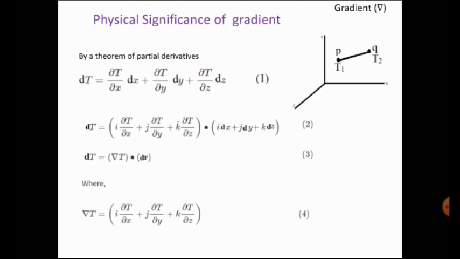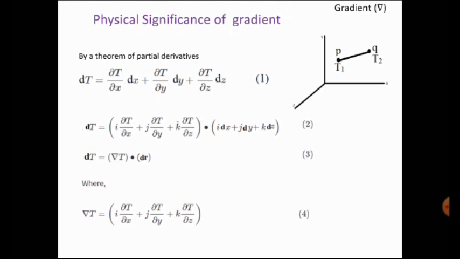And by the theorem of partial derivatives, the difference in values of T at two neighboring points can be written as dT is equal to dou T by dou x into dx plus dou T by dou y into dy plus dou T by dou z into dz. Treat it as equation number 1.